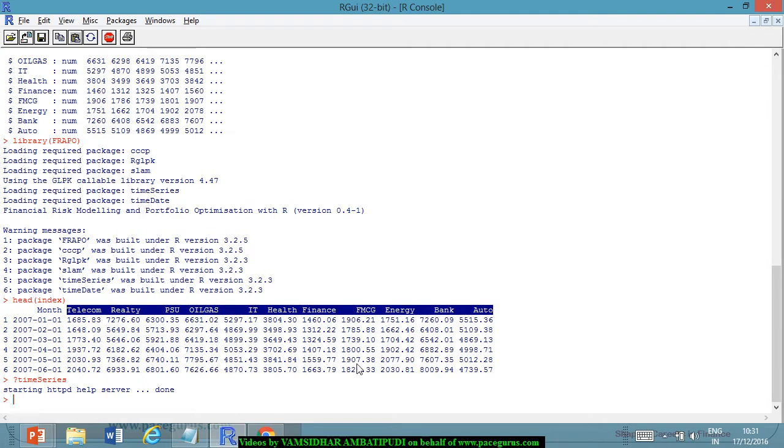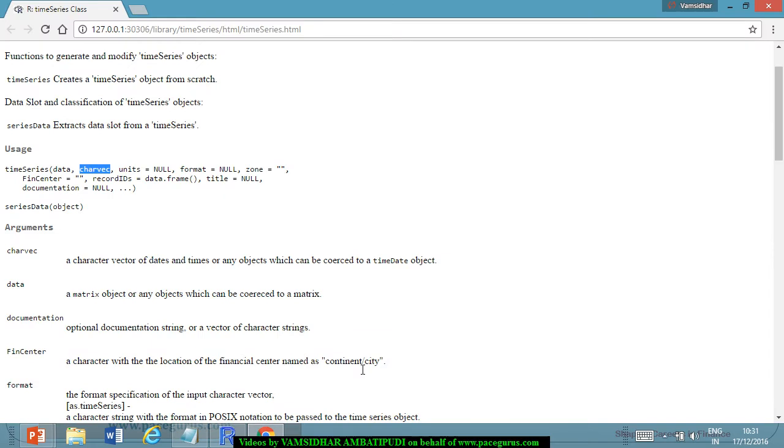And at the same time I have to give a character vector. A character vector is a vector of dates and times, or any object which can be coerced into a time date object. So it should be a vector which is representative of the time-related values.